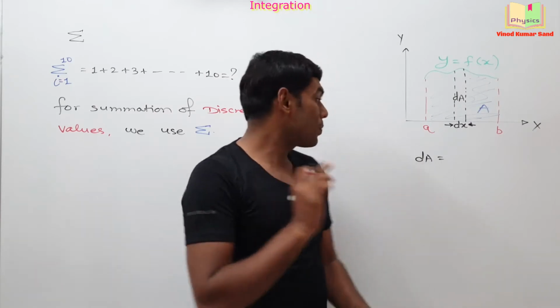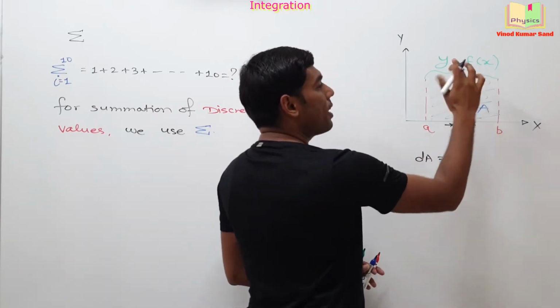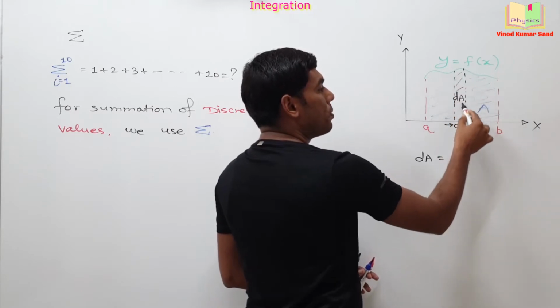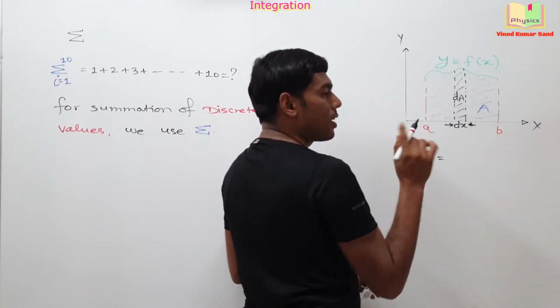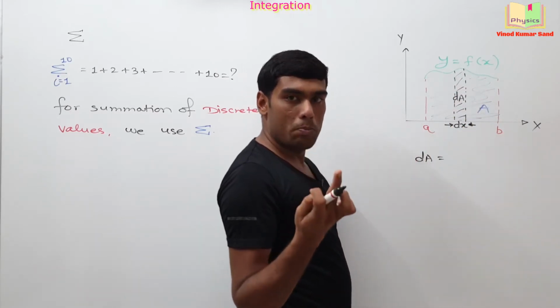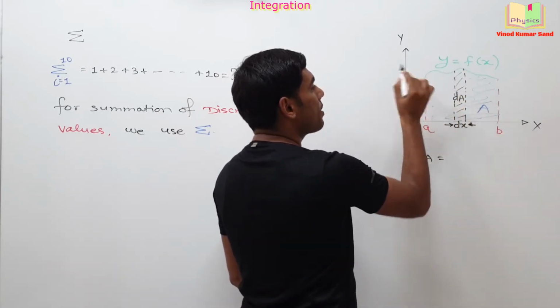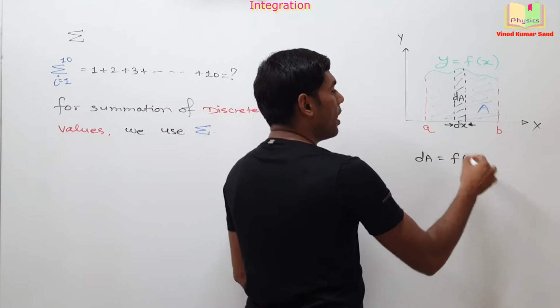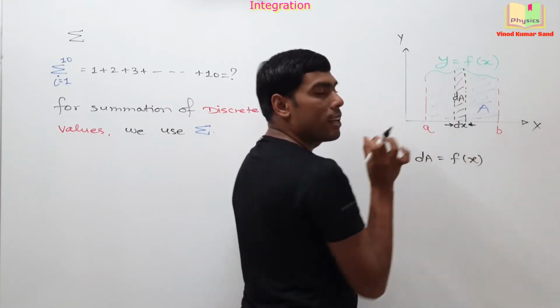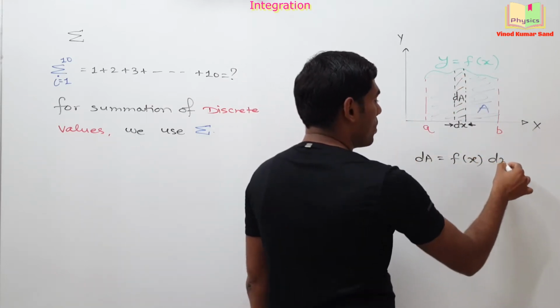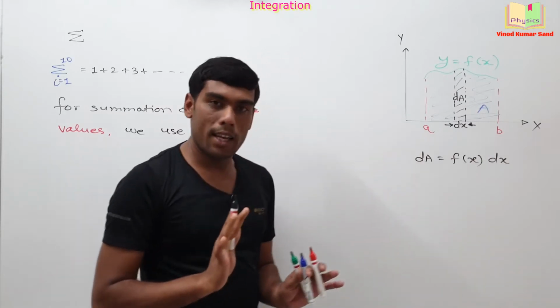Getting my point? The small elemental area of this strip can be written as length into breadth. The length of this rectangle will be the f(x) and the width of this rectangle is dx. So this is the small elemental area.